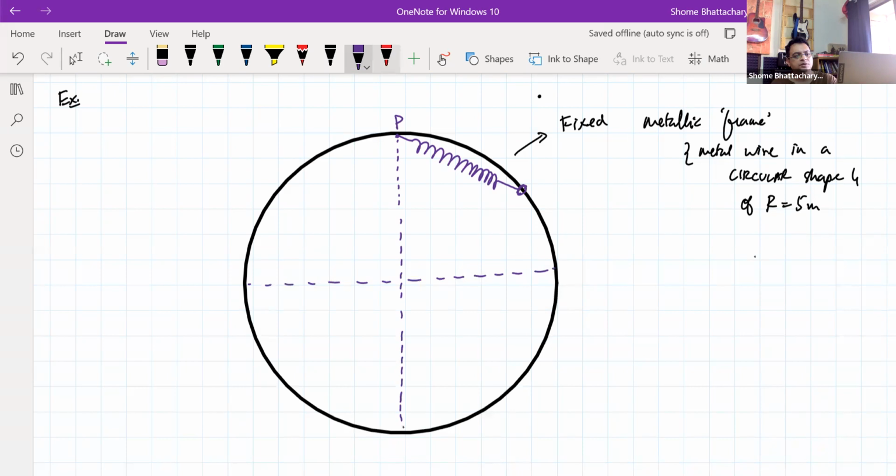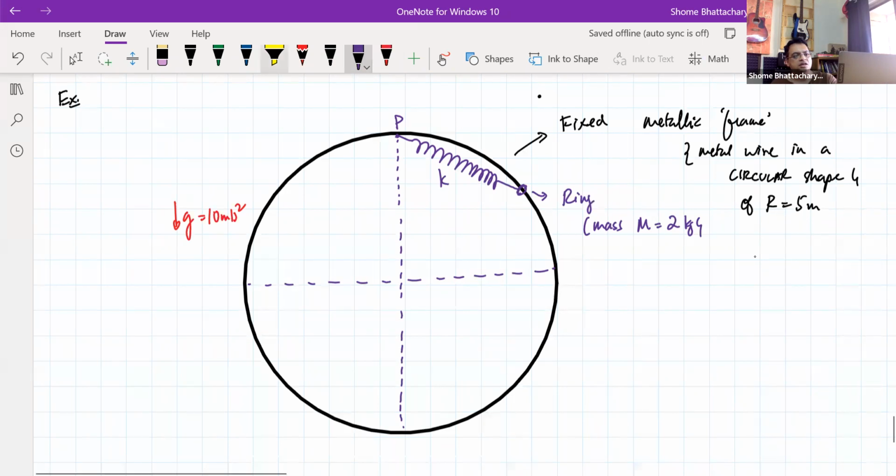It is all in a vertical plane. The ring has mass m equal to something, let's say 2 kg, and this particular spring has a spring constant K.